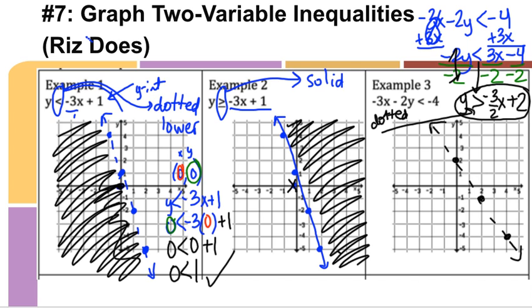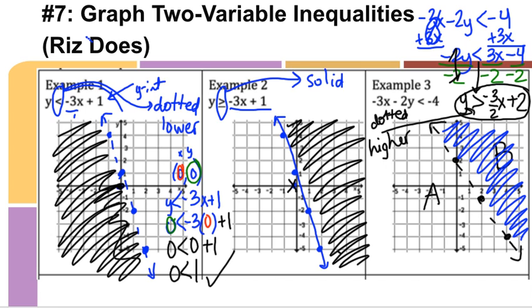And then this is a greater than symbol, so I know I'm going to shade higher. I'm not going to test the point on this. You can continue to do that. But if I look at section A and section B, which section is higher? I know that section B is higher than the line, so that's what I'm going to shade. Okay? Let's move forward.